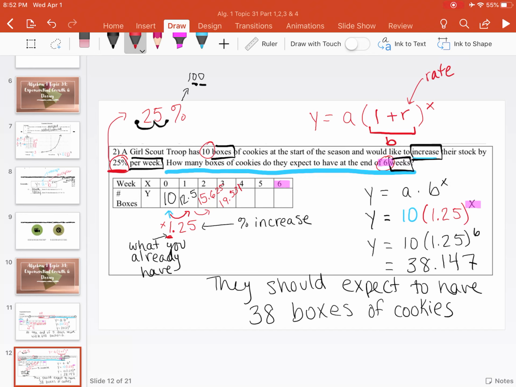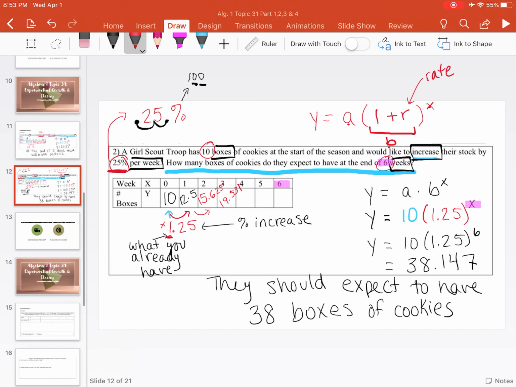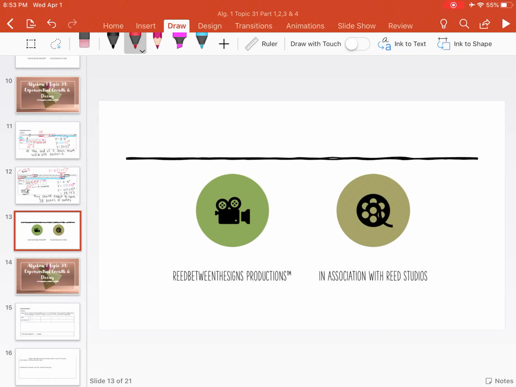So this is where it comes from. So again, we still have that a times b to the x, but here we're just substituting 1 plus r in for b because it is specifically an exponential growth problem.